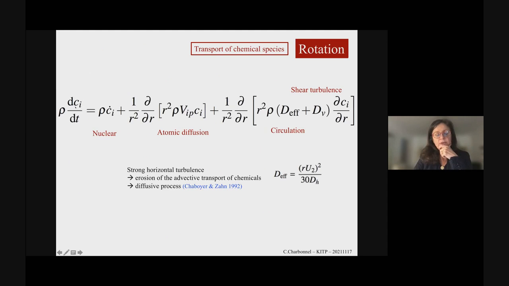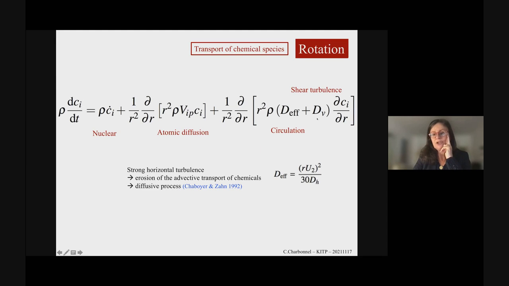Here you have, for a given isotope, the variations which are due to nuclear processes, atomic diffusion, and here you have the processes induced by rotation. The circulation we treat with this effective diffusion coefficient, which comes from the fact that there is this very strong horizontal turbulence, which allows us to treat circulation as a diffusive process for the chemicals, but not for angular momentum.